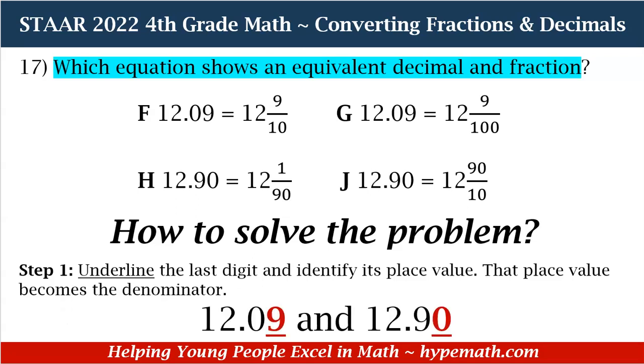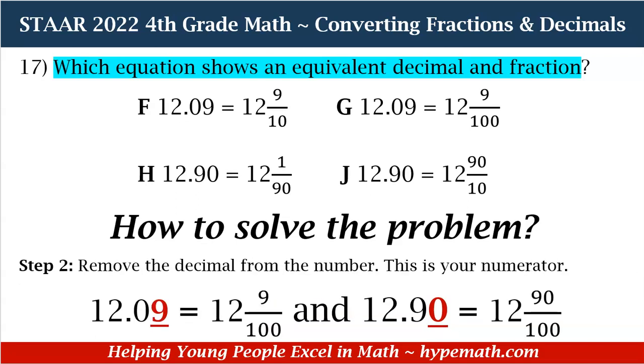Step 1, we are going to underline the last digit and identify its place value. So for 12.09 and also for 12.90, we see that both numbers are in the hundredths place, okay? So now that we know it's in the hundredths place, that means 100 will be in our denominator.